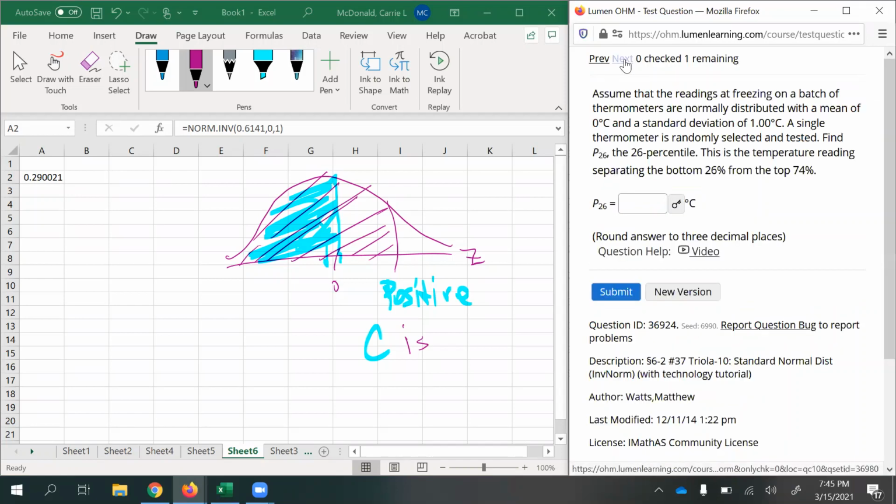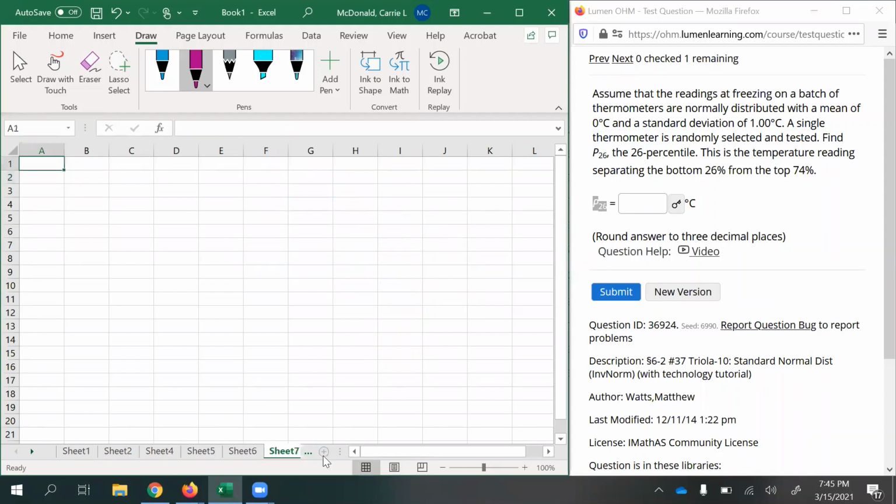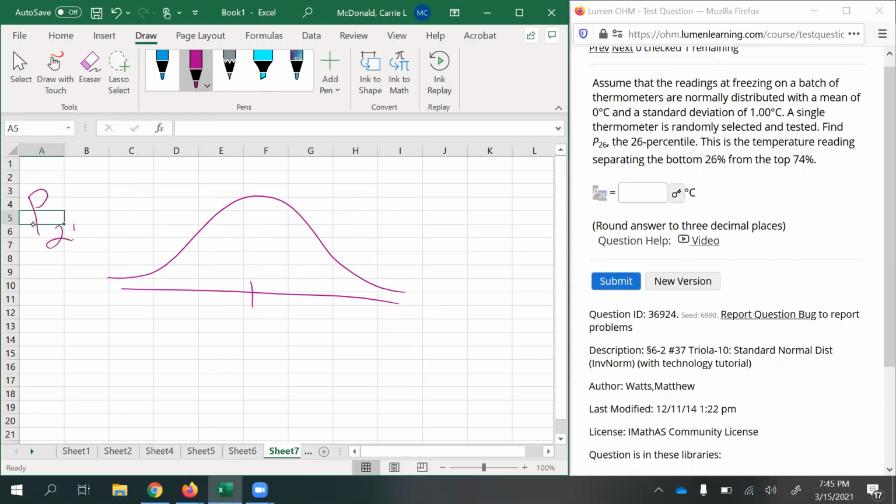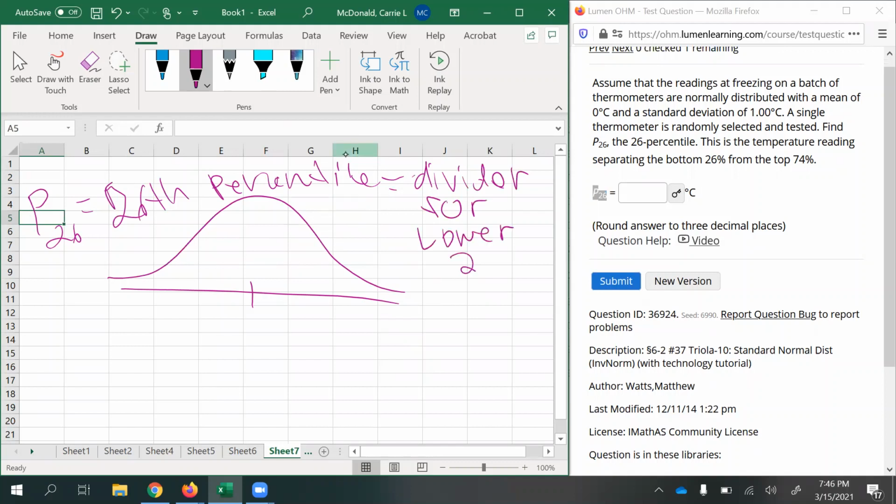Now, if you're given a percentile one, that's the same type of problem, except it's given to you in slightly different terminology. So all you need to do is just realize that the percentile is giving you a percentage on the lower side. So to say P26, that means the 26th percentile. So the percentile is a divider for the lower 26%, and percentages as decimals are probabilities, really.